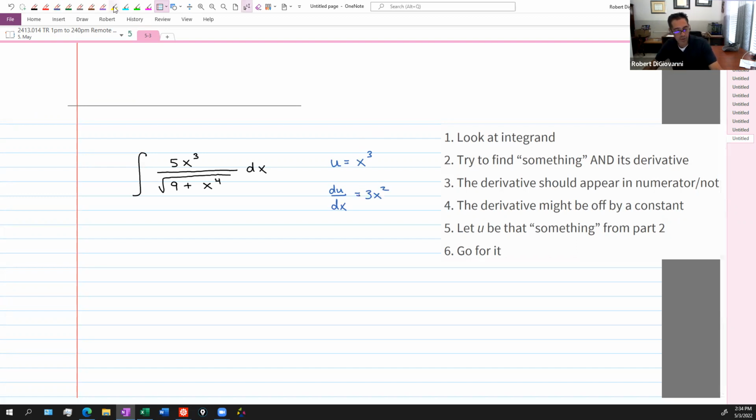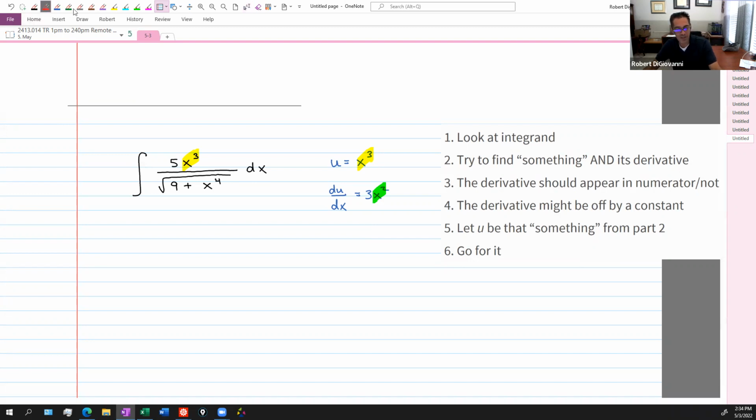So I see u cubed here, great. But where is there an x squared? I don't see an x squared. I see an x to the fourth, and I guess you could write that as x squared squared, but isn't that in the denominator and trapped under a square root? You don't want the derivative part to be in the denominator. You want it to be in the numerator and you want it to be untrapped.